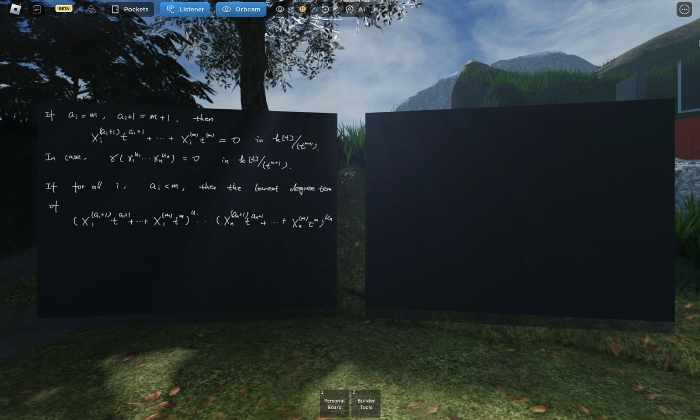The lowest degree term of this is given by this expression. We just take the lowest degree term in each of these terms and multiply them together, and we get the lowest term for the whole product.